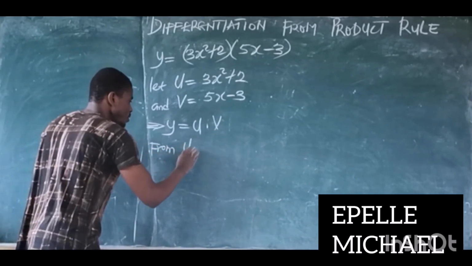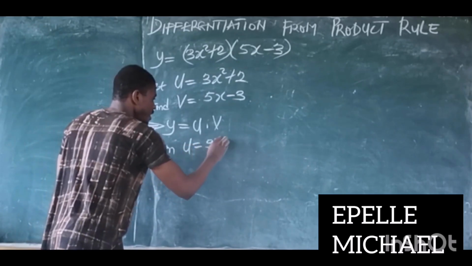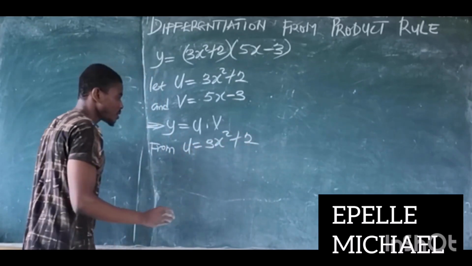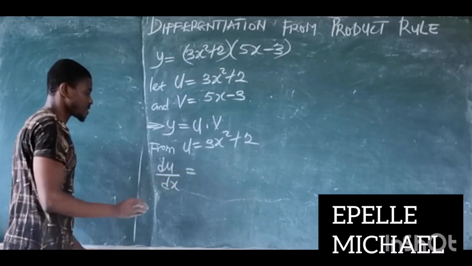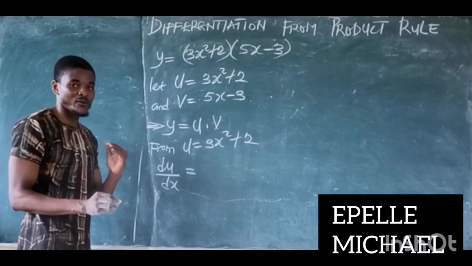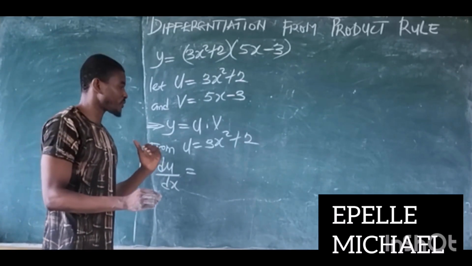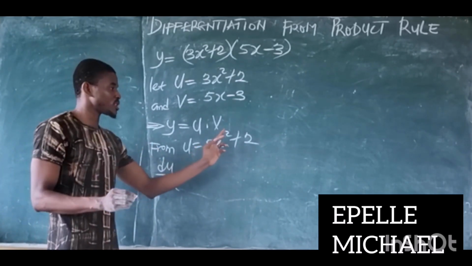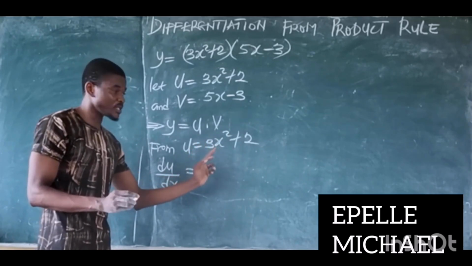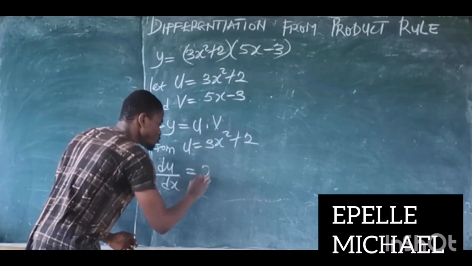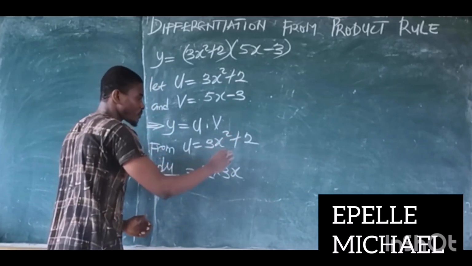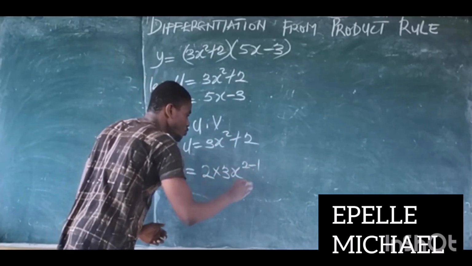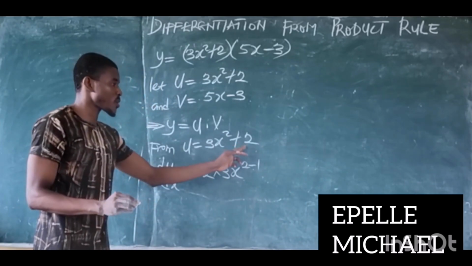Alright. So from u equals 3x squared plus 2, I will differentiate u with respect to x, du/dx. And from the formula method, I said that to differentiate such, simply use what? The power to multiply the variable itself. So I'll simply have 2 times 3x, then subtract 1 from the power, 2 minus 1. This is now a constant.